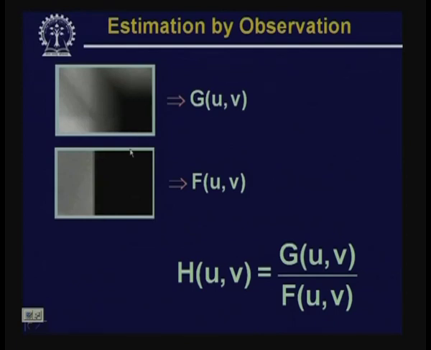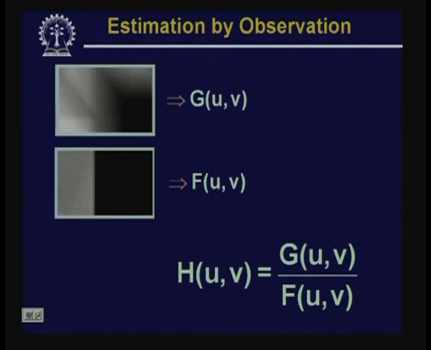Now, if you take the Fourier transform of the top one, what I get is G(u,v), the Fourier transformation of the degraded image, and the lower one we are assuming to be the original. If I take the Fourier transform of this, what I get is F(u,v), the Fourier transform of the original image.